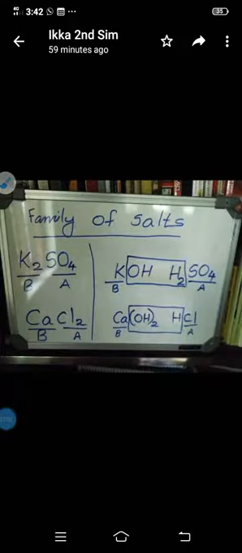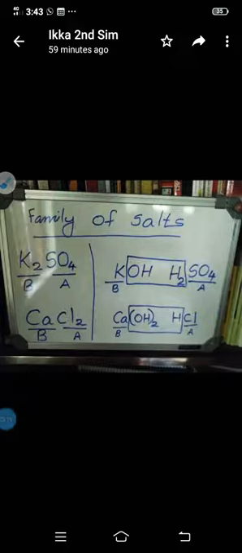Another example, K2SO4. What will be the respective acid and base from which this salt is formed? We can say that KOH is the base and H2SO4 is the respective acid.